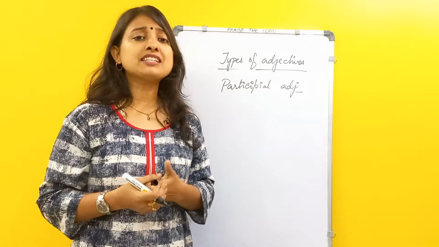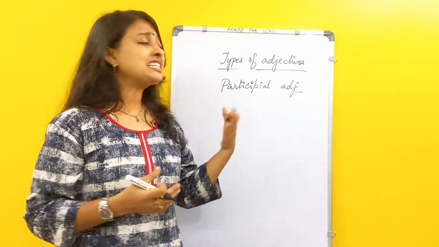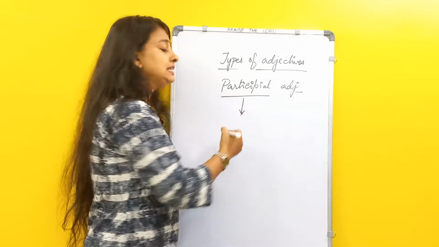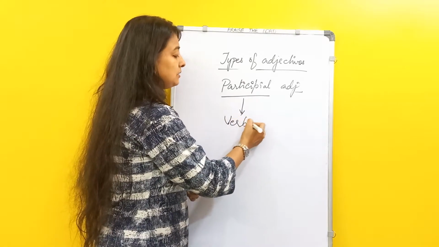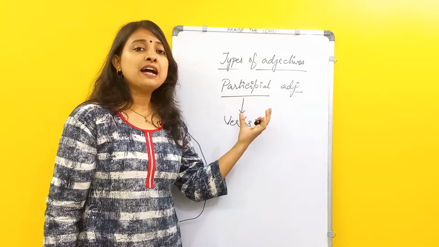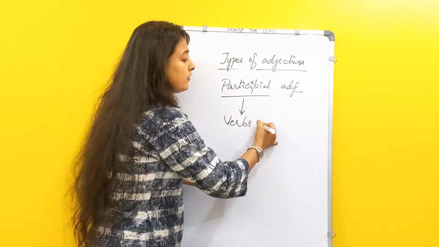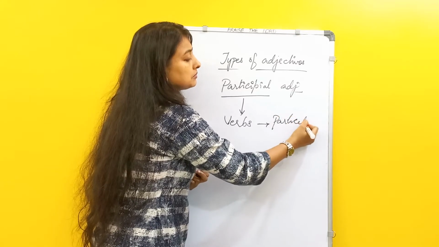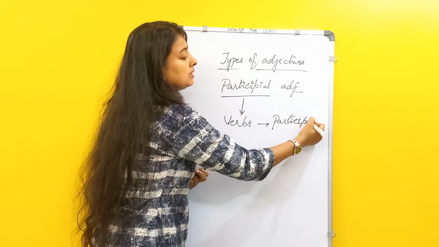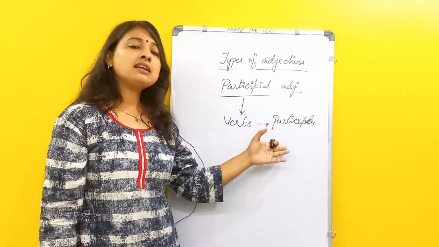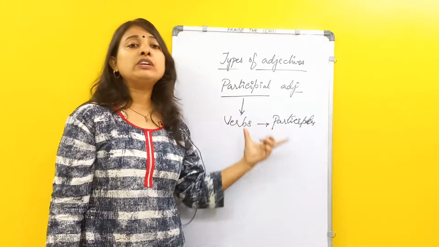But what is a participle? We will come across these when we discuss verbs in detail. But participles are verb forms only. Which verb forms?